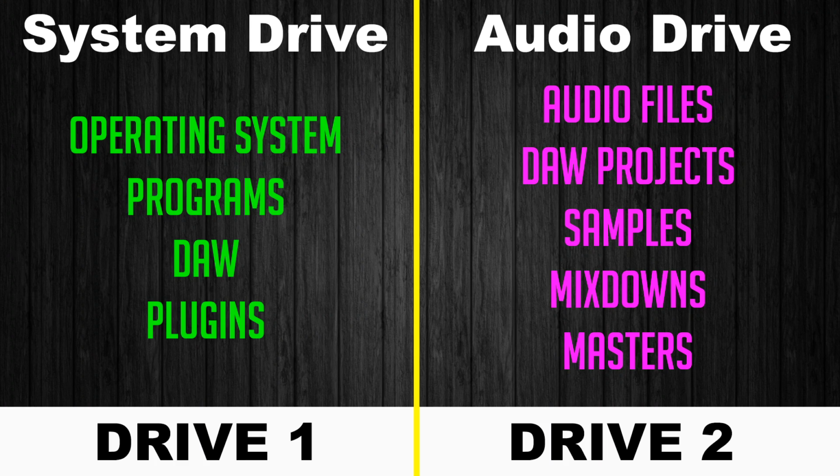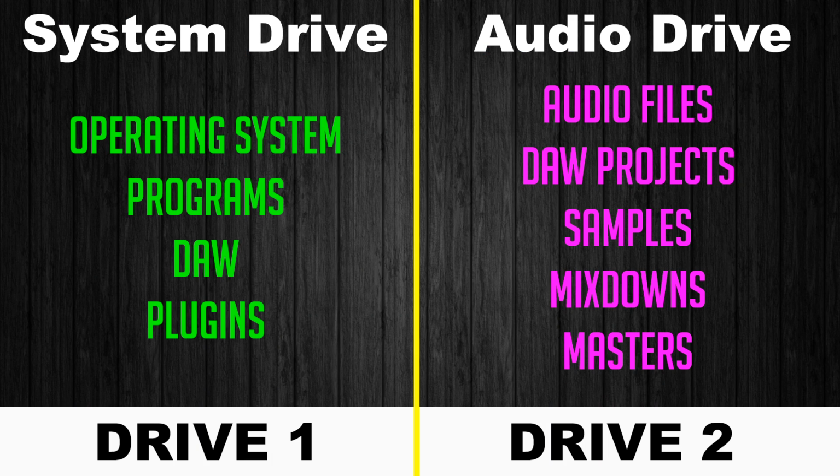Another thing I started doing about 10 years ago was running two different drives. One drive was the system drive, meaning this is where Windows and all my programs were stored. The other drive is where I stored all the projects, the audio files, the samples.